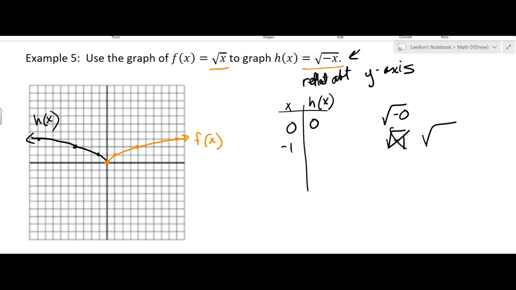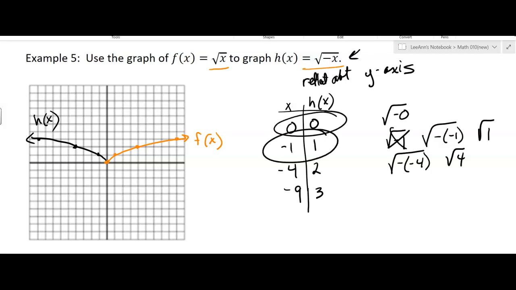Then you have the square root of the opposite of -1, which is the square root of 1, which you know. Then you could put in the opposite of 4. So you'd have the square root of the opposite of -4, which would be the square root of 4, which would be 2. And then you do the same thing for -9, and you get 3. But where are all of these points? Well, you have to go 0, 0, that's there, -1, 1, -4, 2, and -9, 3.